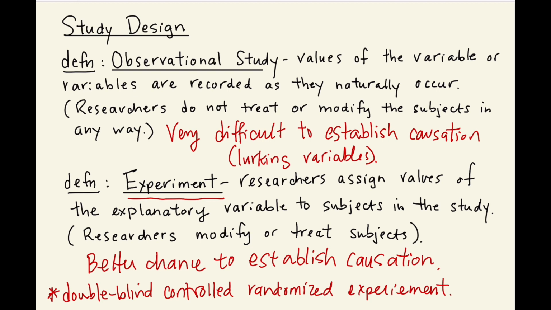So we would randomly select the subjects from the sample who are given treatment A, and then we would randomly select the subjects given treatment B, and so forth. And control just means we have our control group, so one of our treatment groups receives the placebo. So this is the best way to establish causation.